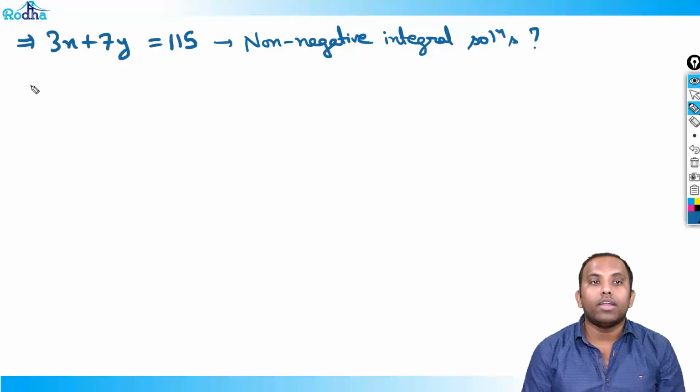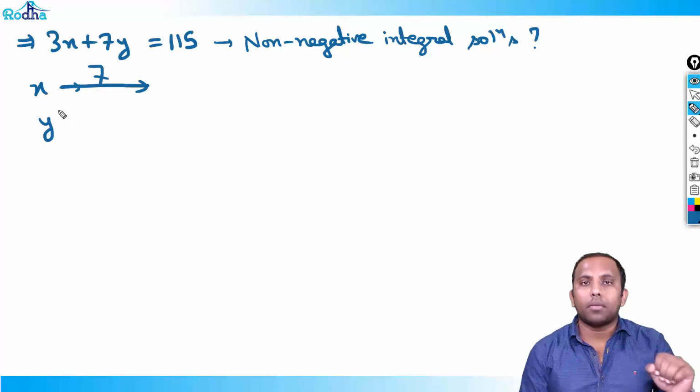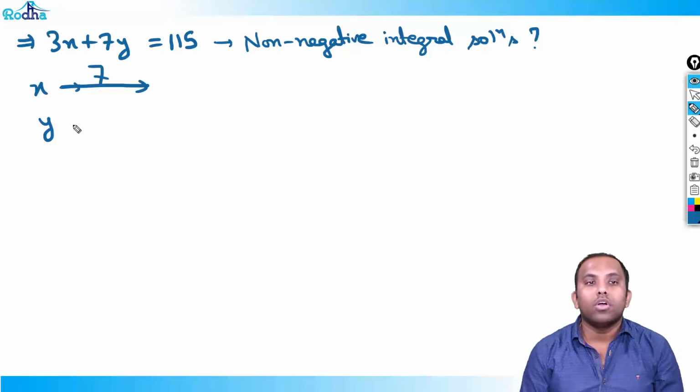I know that x changes with the coefficient of y as its common difference. That means x will increase or decrease in steps of 7, so the magnitude is 7 only. And y will increase or decrease in steps of 3.